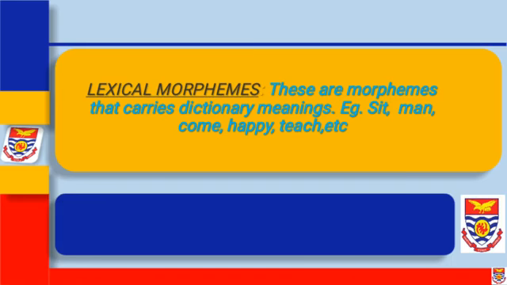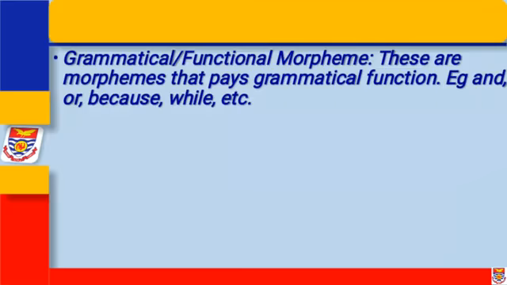We have examples like these. 2. Grammatical or functional morphemes. These are morphemes that play a grammatical function. Examples we have: and, or, because, while, etc.